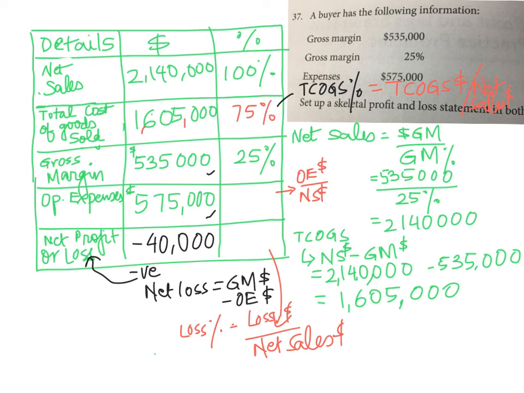Operating expenses, when using this formula of operating expense dollar divided by net sales dollar, will come out to be 26.87%, and then loss percent will come out to be minus 1.87%. This minus sign indicates that there was a loss in the business, and this completes the skeletal P&L statement.